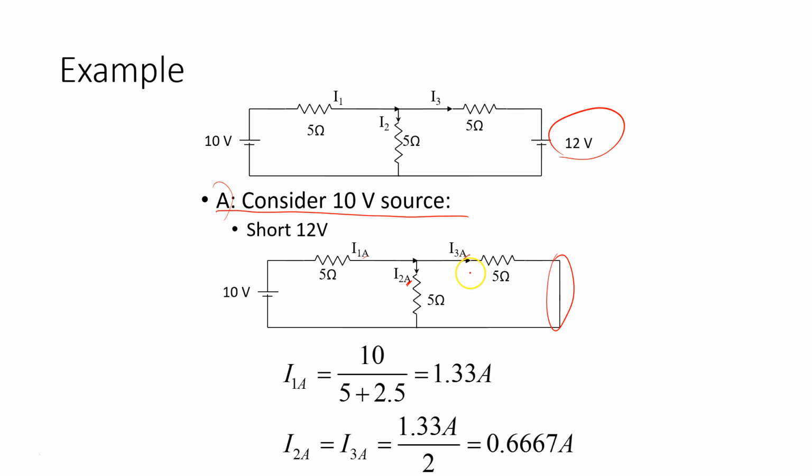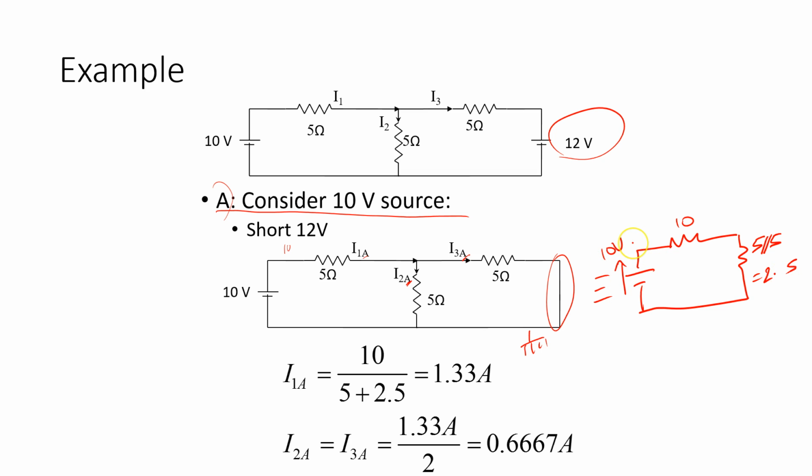We know that the current I1A will be the voltage 10 volts, which is here, divided by the total resistance. And the total resistance, if we simplify this circuit, this will reduce to 10, and this here is 5 in parallel with 5, which is 2.5 ohms.